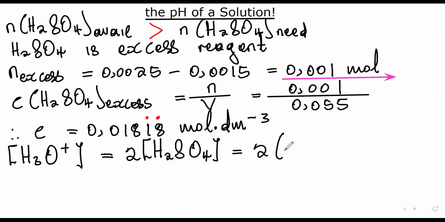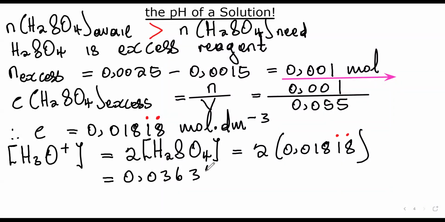Then you can say, I'm going to use all the decimal places in my calculator, as I should, because this is not the final answer. So when I multiply this by 2, I get 0.3636, and it's also recurring, mole per cubic decimeter.